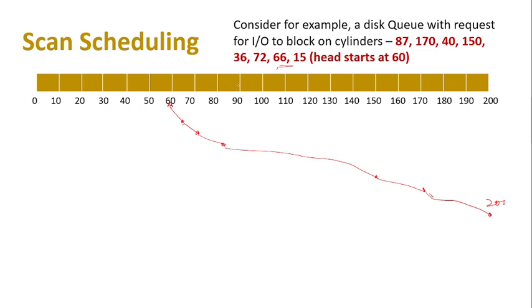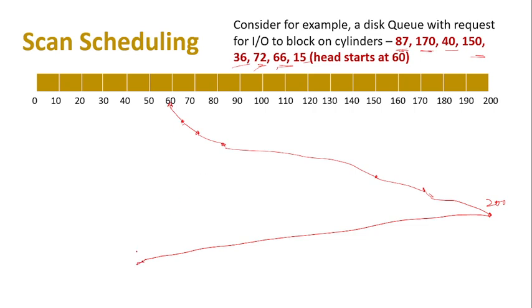So 66 is completed, 72 is completed, 87 is completed, then 170 is completed, 150 is completed. The remaining ones are 40, 36 and 15. So next we will move back and go up to 40.